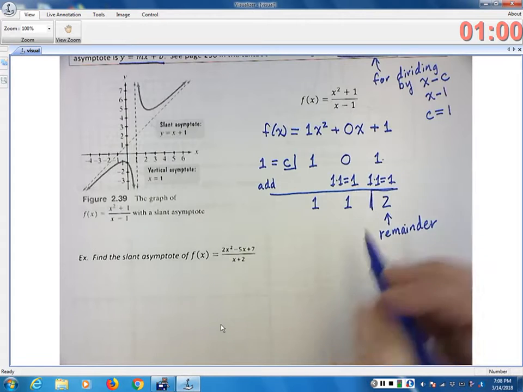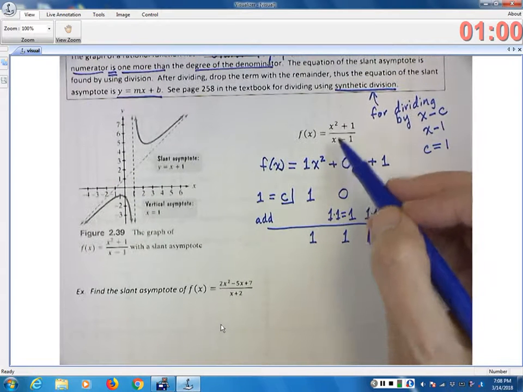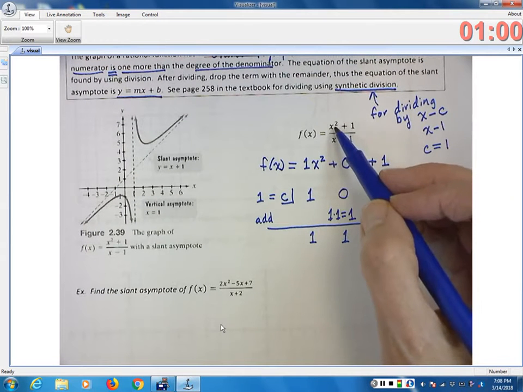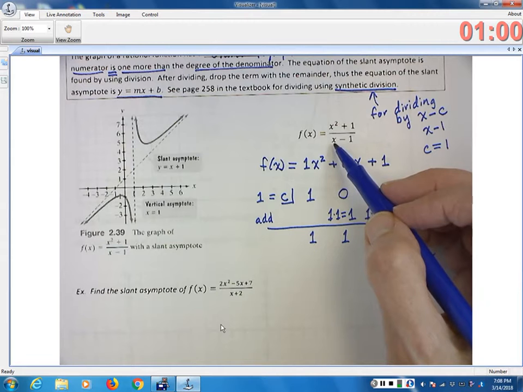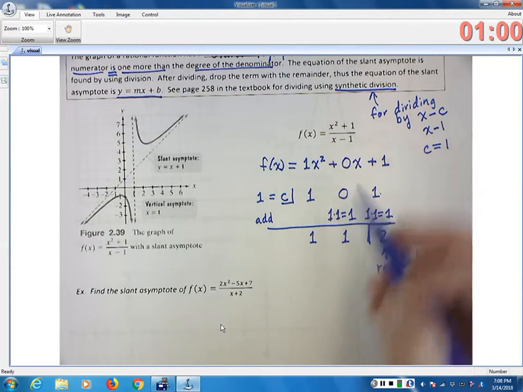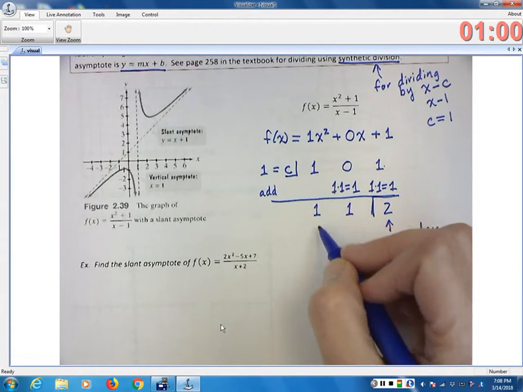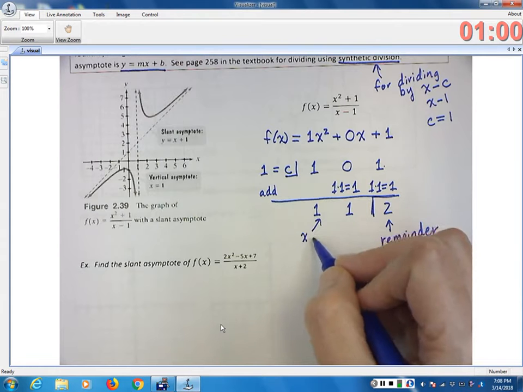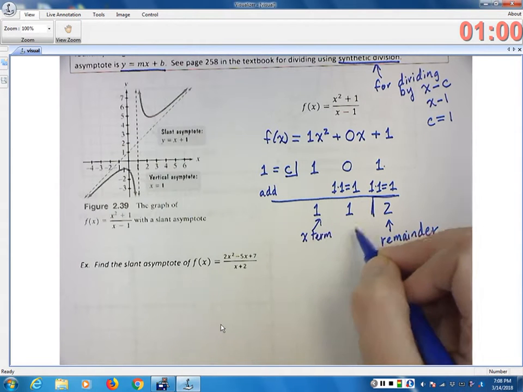And if we're dividing x squared term by highest power of x, this is going to be your x term, and this is going to be your constant.